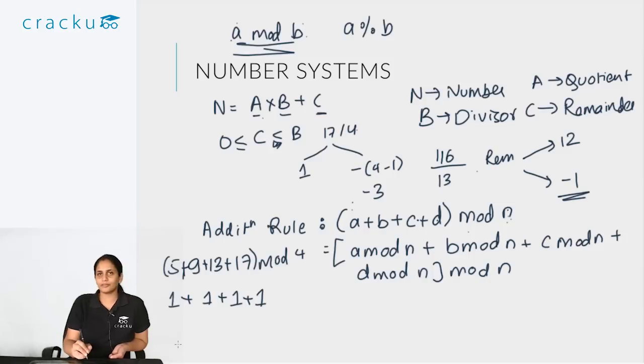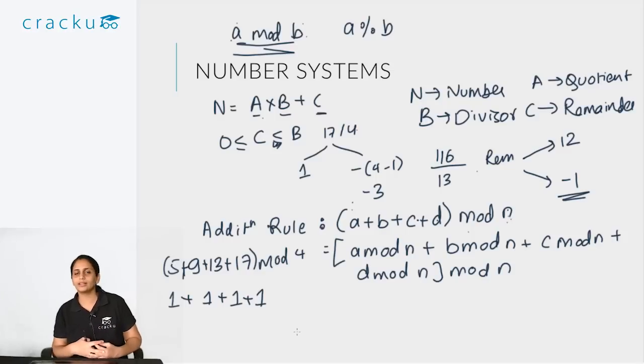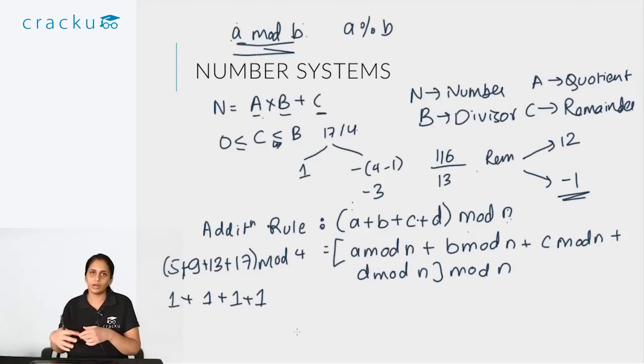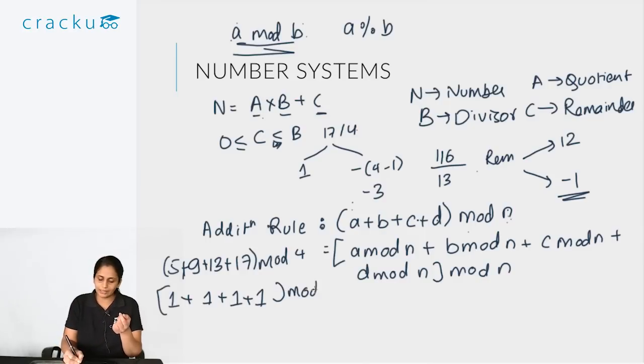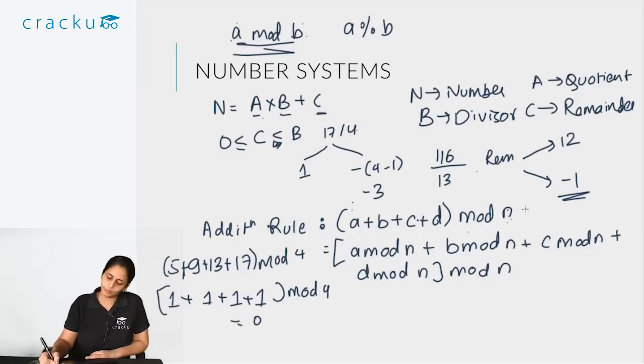If I don't take the mod 4 again outside, it will tell me the remainder is 4. But this is because I'm adding up all together. After adding up, I will get a number which might be equal to or greater than 4. So to get the actual value of the remainder, I have to again say mod 4, and then I will get the actual remainder, that is 0. So after putting the modulus operator inside the sum, you have to again take mod n to make sure that the end remainder makes sense and is less than n. So that is the first rule, the addition rule.